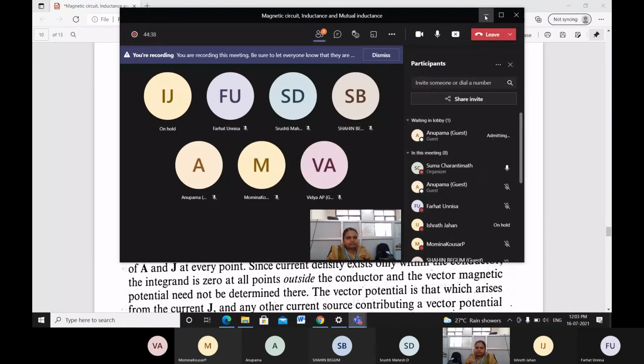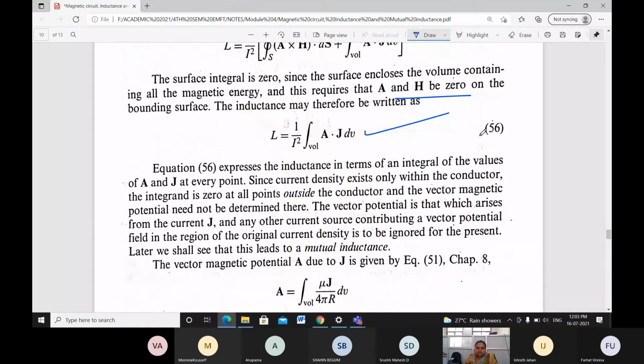This equation expresses the inductance in terms of an integral of the values of A and J at every point. Since the current density exists only within the conductor, the integrand is 0 at all points outside the conductor.